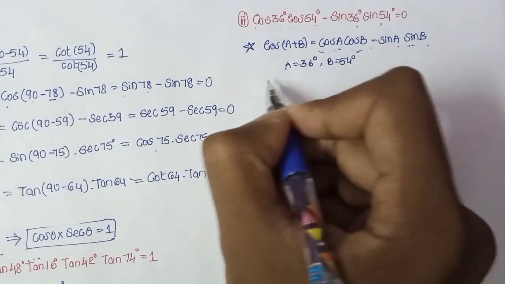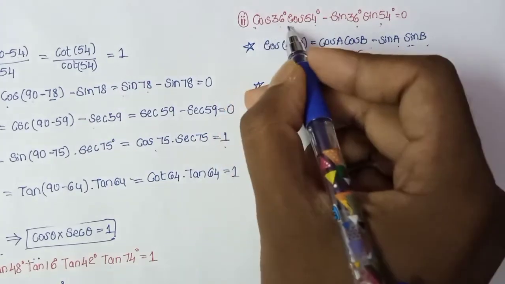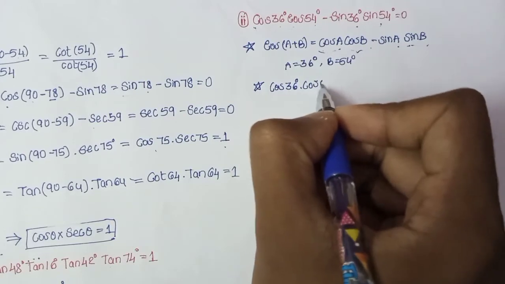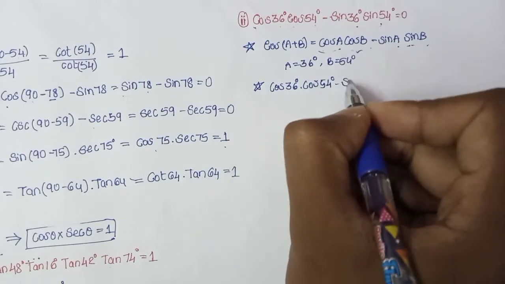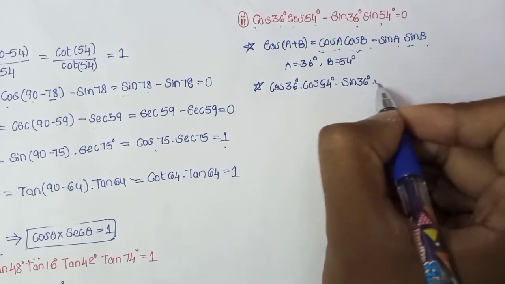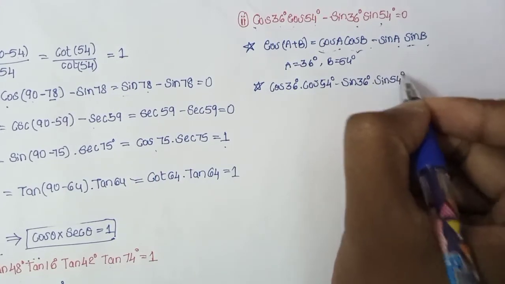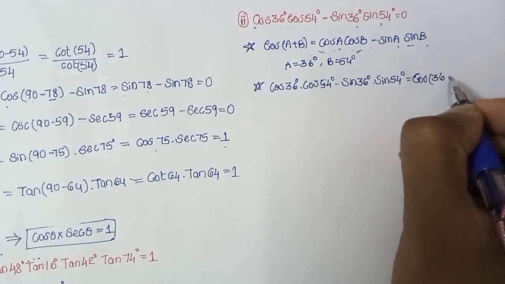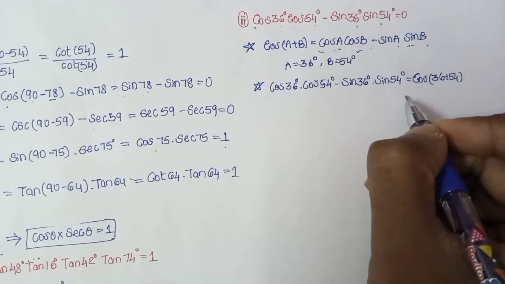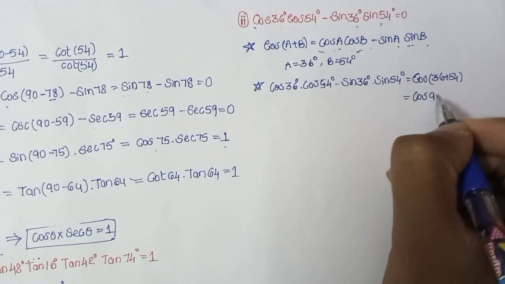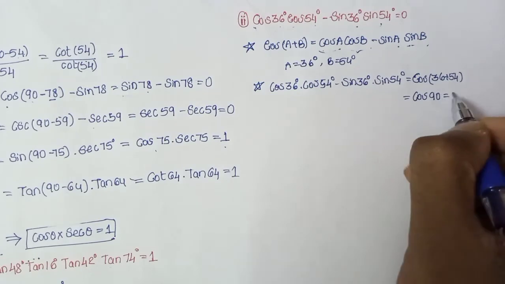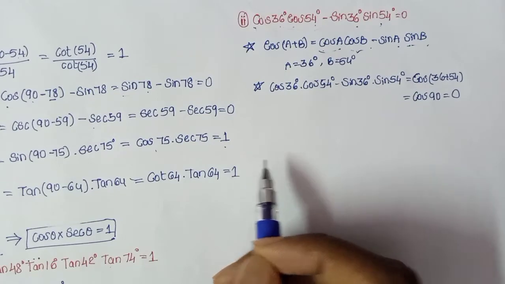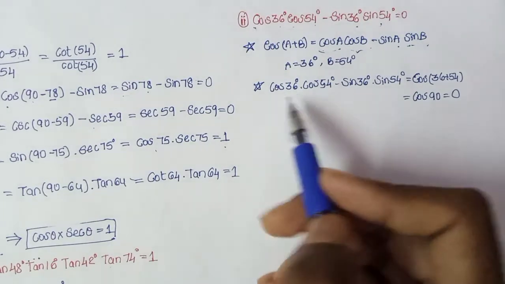So cos 36 degrees into cos 54 degrees minus sin 36 degrees into sin 54 degrees is equal to cos of A plus B, that is 36 plus 54, which is equal to cos 90. We know cos 90 is 0. So we proved this is equal to 0. This is one way of approach.